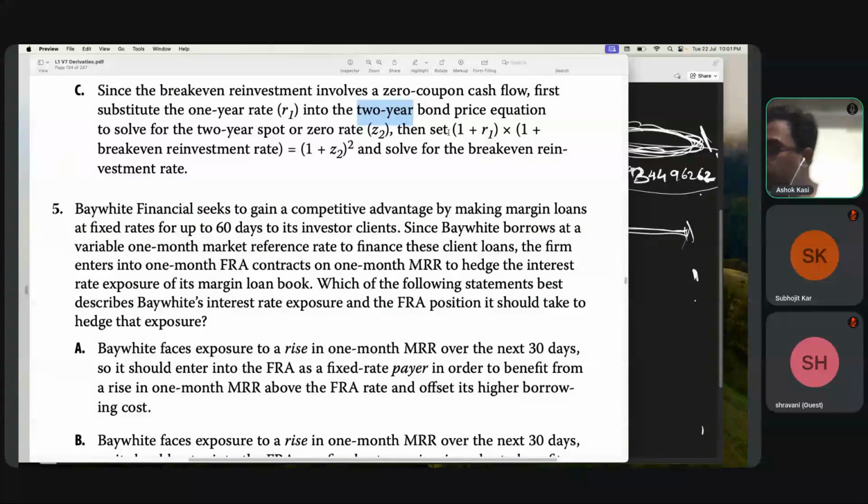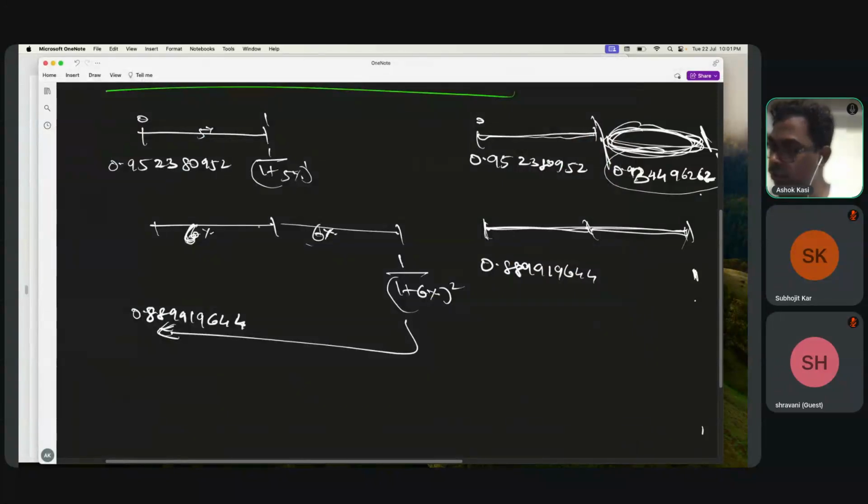How do I then further elaborate this? First, substitute the 1 year rate into the 2-year bond price equation to solve. That means for this 1 year, I will consider this is a 2-year bond. For this 1 year, if I consider 6 percentage, what is going to be the second year rate?